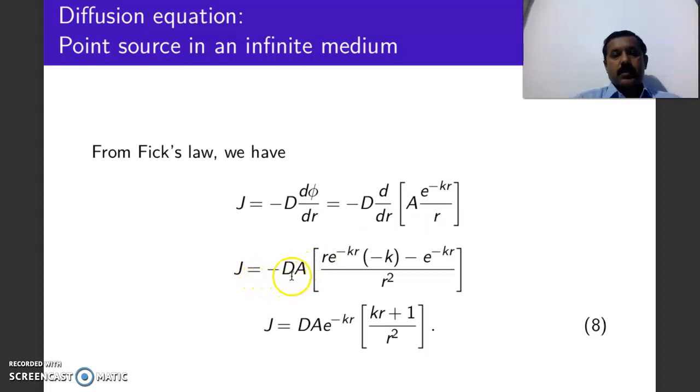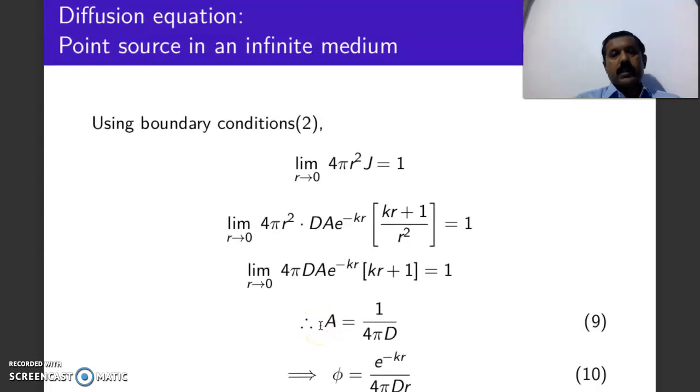Then J, if you differentiate this with respect to r, using the u by v formula, that is (vu' minus uv')/v squared, we get this equation, and after simplification we get J is equal to DA e to the power of minus kr into (kr plus 1) divided by r squared. Remember, still this A is an arbitrary constant, we have to eliminate this.